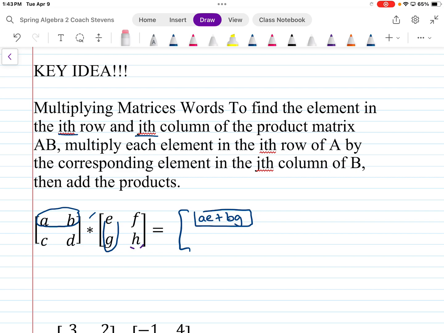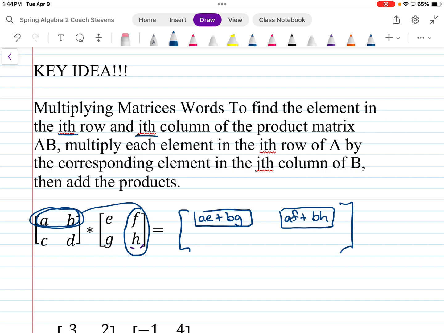Once we get done with that, we take the same A and B, that top row, and multiply it by F and H, and that gives me what's in the top right-hand part. So A times F plus B times H gives me the answer in the top right. Now we repeat the same process with the bottom row.